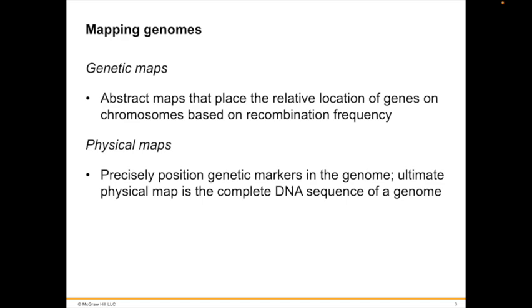Both these types of maps use genetic markers, which can be any detectable differences between individuals. Genetic maps are abstract maps that place the relative location of genetic markers on chromosomes based on recombination frequency. Physical maps precisely position genetic markers in the genome, with the ultimate physical map being the complete DNA sequence of a genome.